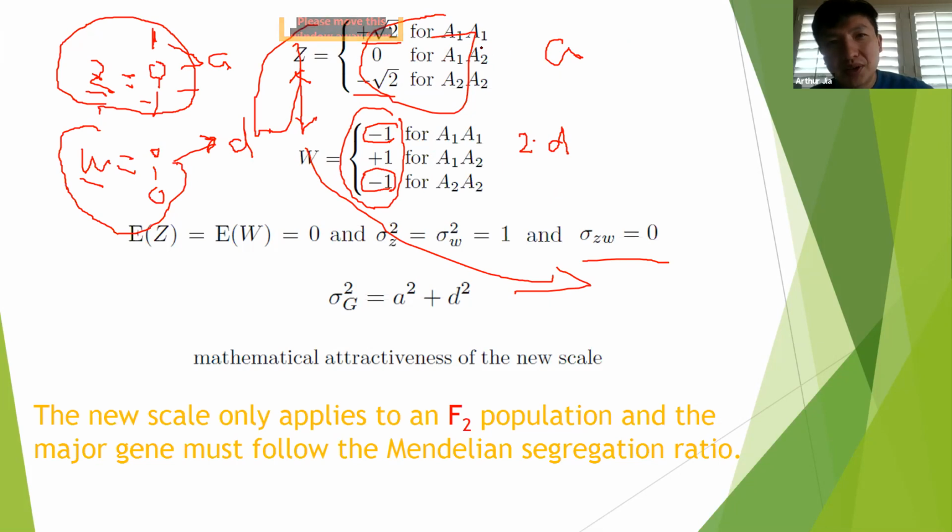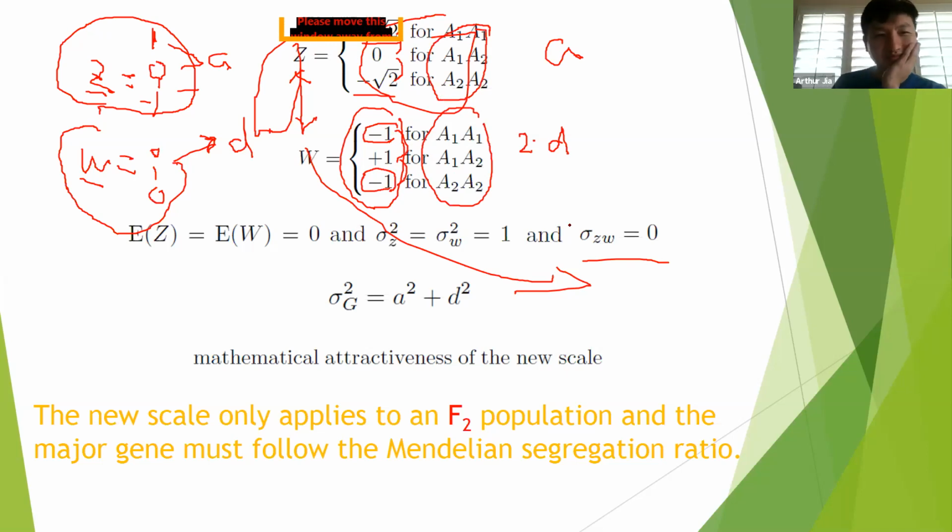But it is important because you want the distance between these two in terms of Z to be equal, and also the distance between these two should be equal. This makes sense in terms of the F2 population. Okay. Yes.